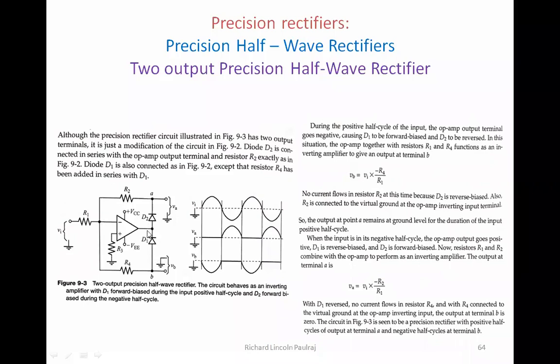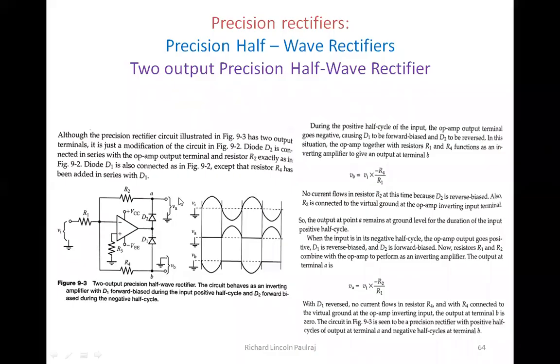I am having a diode here and the resistor together. It's not like a parallel combination, but it becomes a serial combination here. So we'll see how it's going to function with this kind of combination.